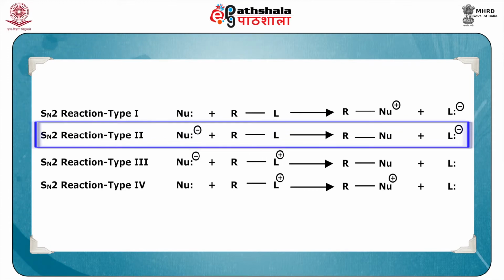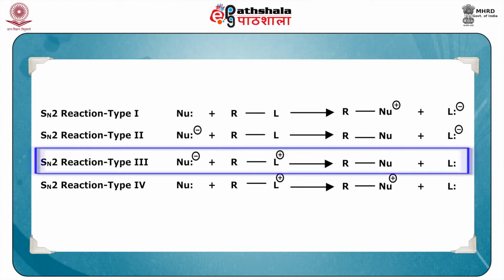Thus, with the type 2 SN2 reaction, increasing solvent polarity causes a small decrease in the rate of reaction. The third category are the type 3 SN2 reactions, where the leaving group has a positive charge and the nucleophile has a negative charge. High solvent polarity increases the solvation of the substrate and nucleophile for such cases.